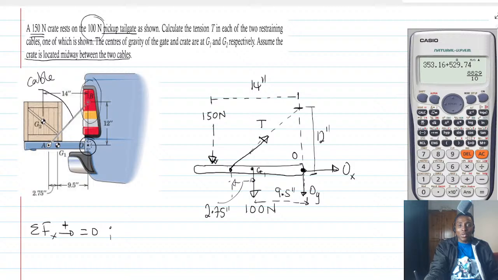Other than that, we will not be able to resolve the tension force. Because as it stands now, it is only OX which is in the direction. But don't forget that we have to convert the tension along the X and the Y. Now how can we do that? We need to get the angle. So let's get the triangle for that.